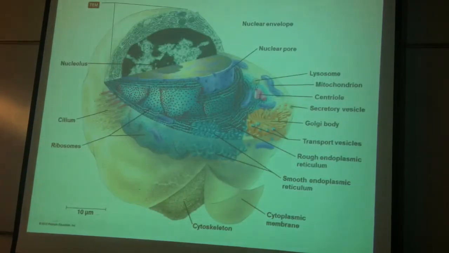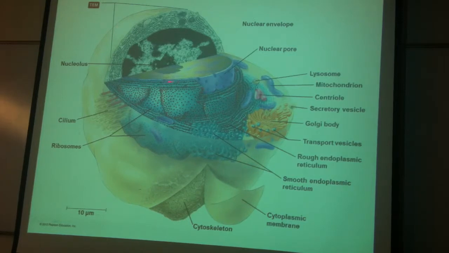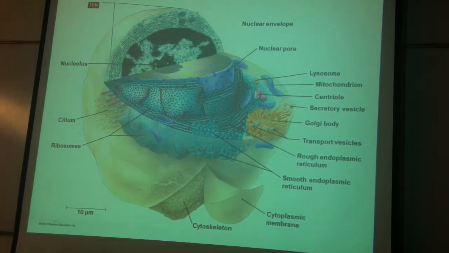Eukaryotes. Eukaryotes have a lot more going on. They're more complicated. So we have a nucleus, and it now has a nuclear envelope. We have a nucleolus, or compact region. It can have some cilia on the outside of it.